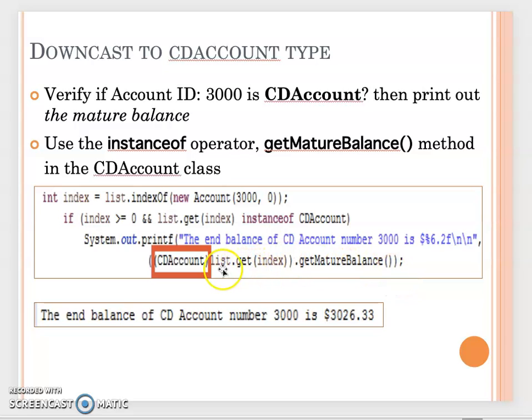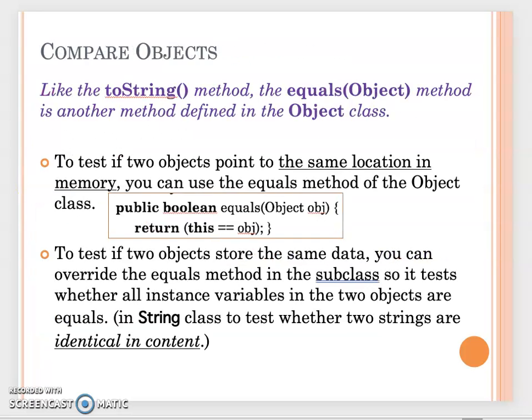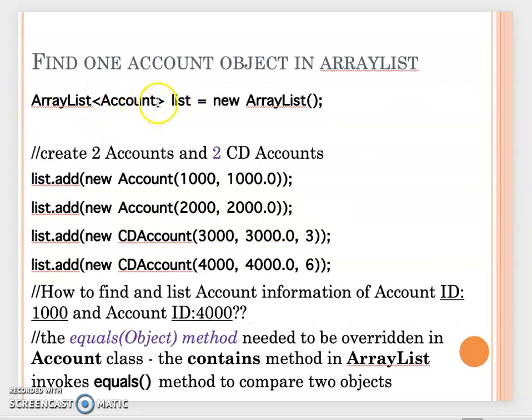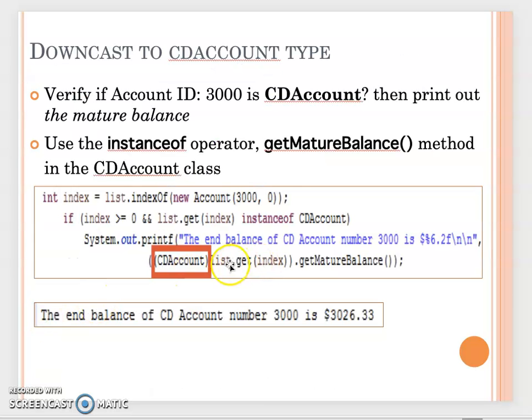In order to invoke getMatureBalance, remember CDAccount is a subclass of the Account class. So after we get(i), because the ArrayList we defined earlier has the list data type Account, when we get index i, the list will return you an Account object.